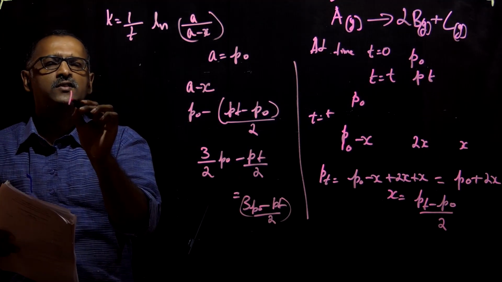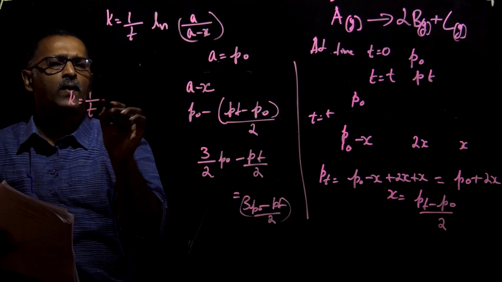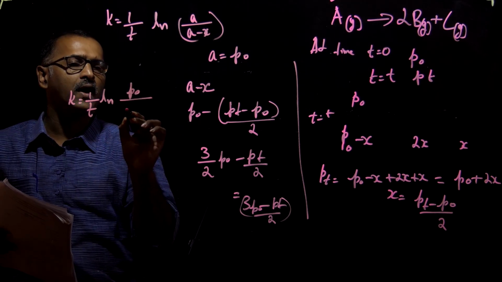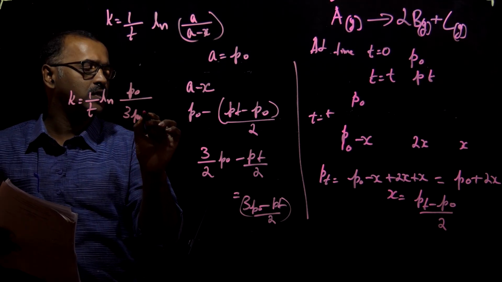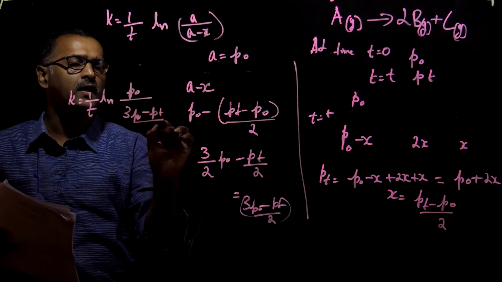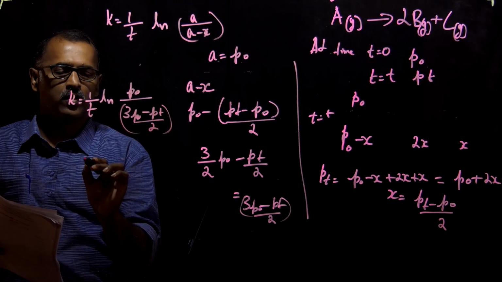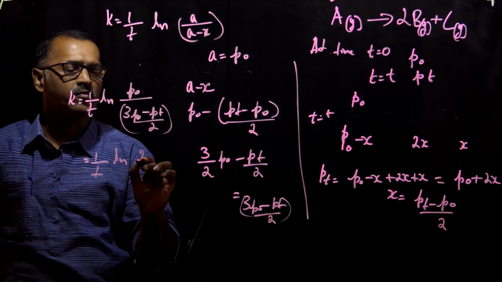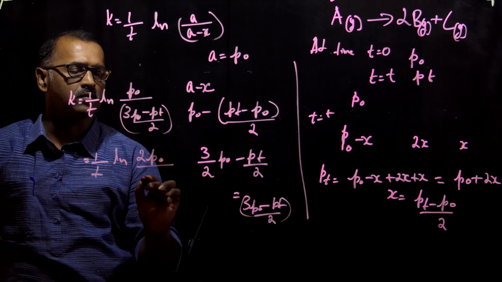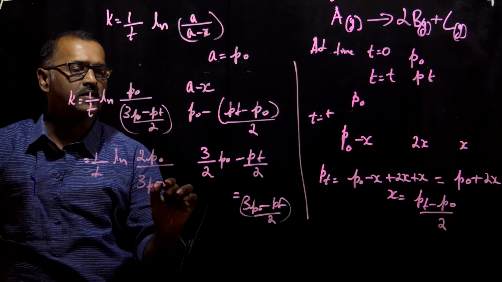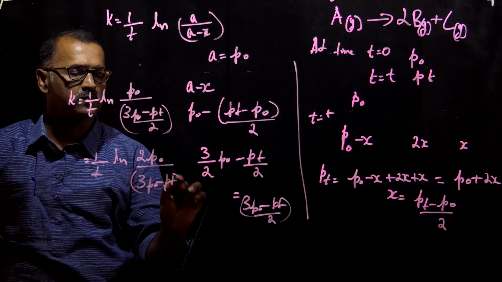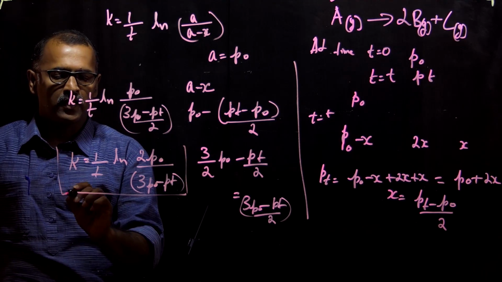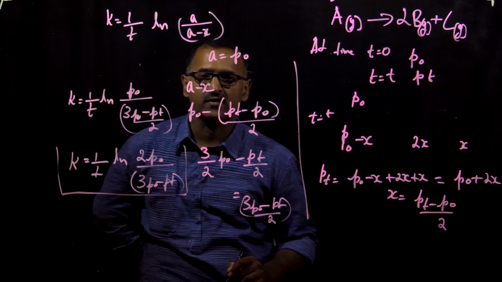Upon substitution, K is equal to 1 by T log of P0 divided by 3 P0 minus Pt by 2, or we can write it as 1 by T log of 2 P0 divided by 3 P0 minus Pt. So this is our rate expression in terms of concentration of gases.